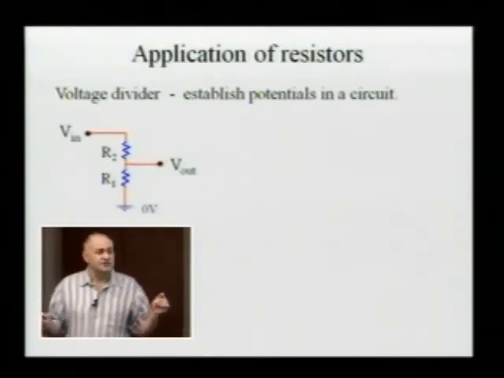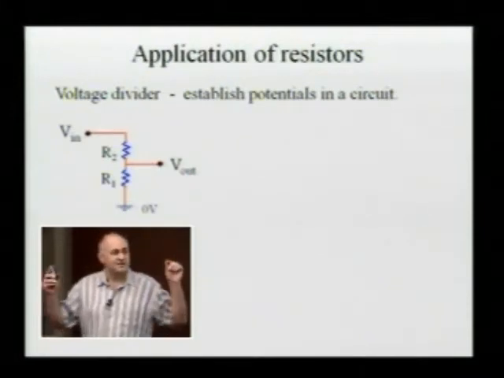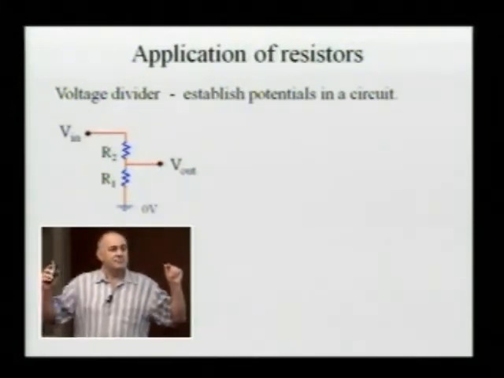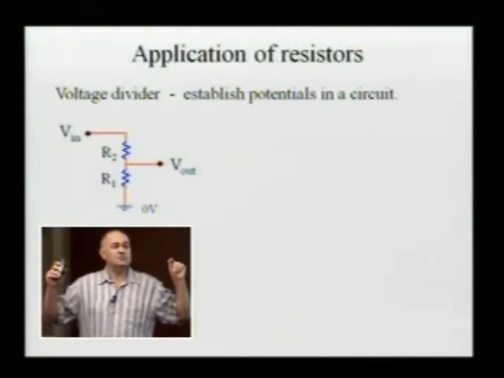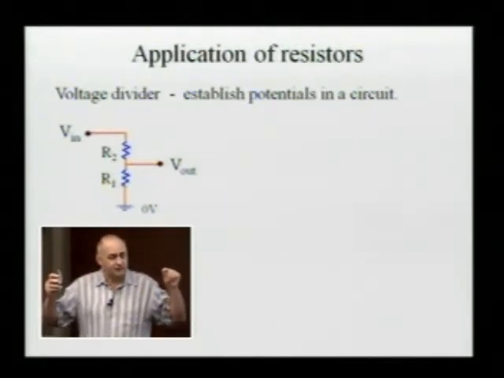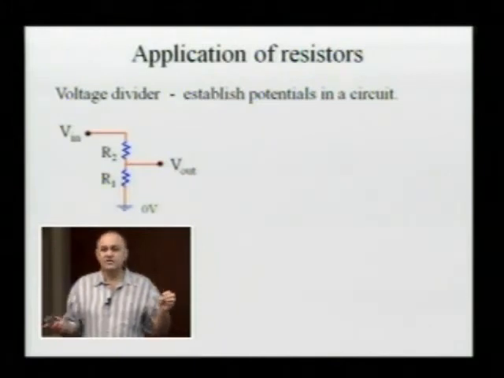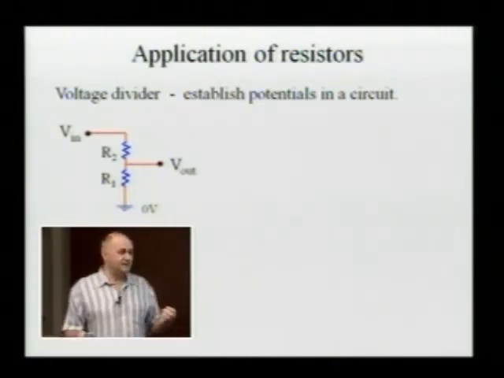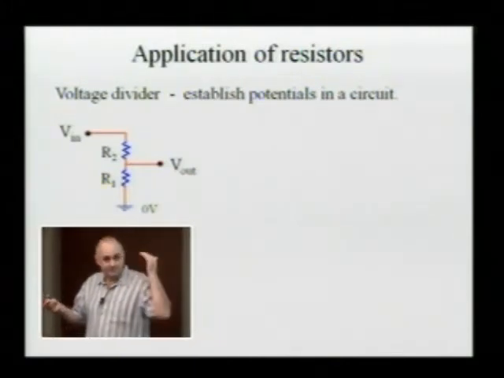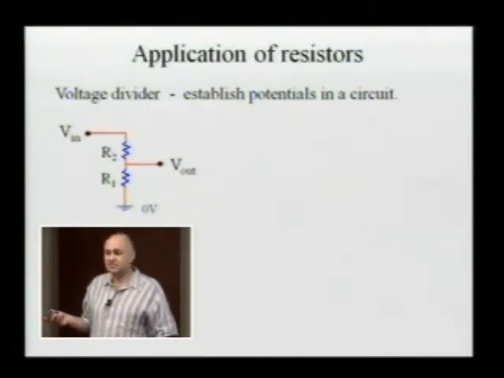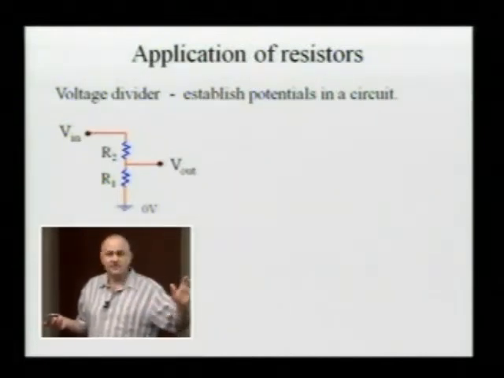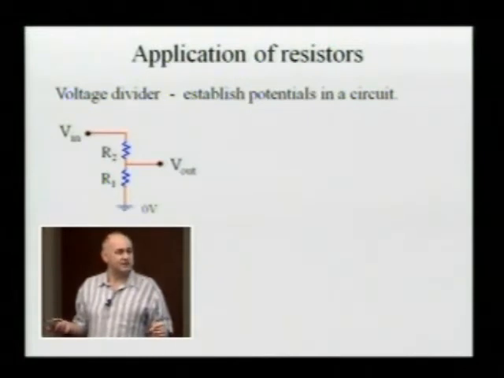Those devices need to be properly polarized. We have to connect them to appropriate potentials. They will not operate if the potentials are not right. And in order to achieve those potentials, we have to find an electronic system or arrangement of elements which will do it.